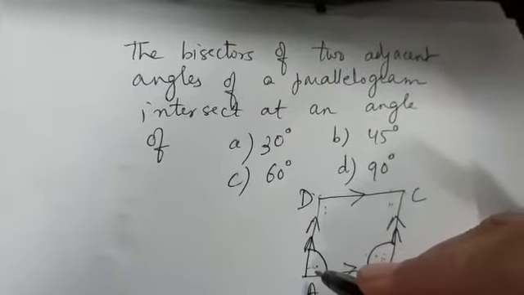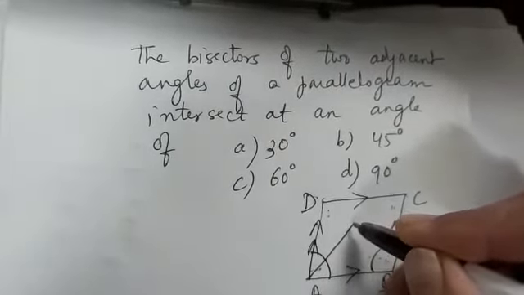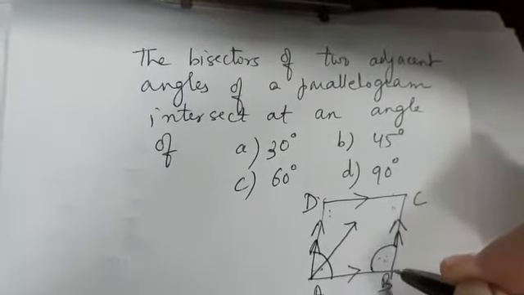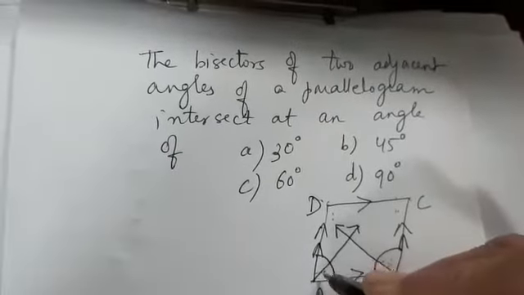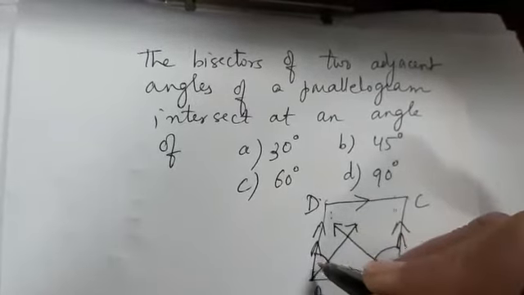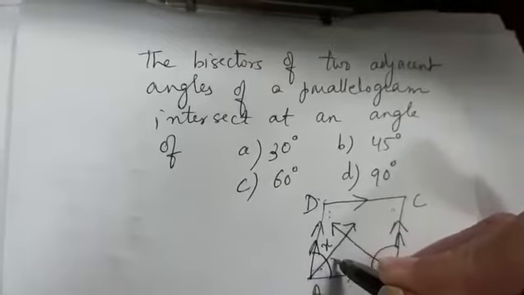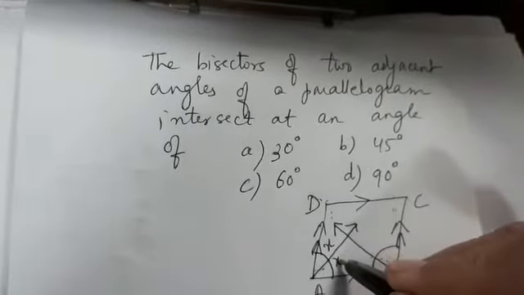So bisector meaning, I am now making a bisector. Similarly, here I am making a bisector. Bisector meaning it is dividing this angle into two equal parts. So if I write here the measure of this angle is x, the measure of the other part of the angle is also x.